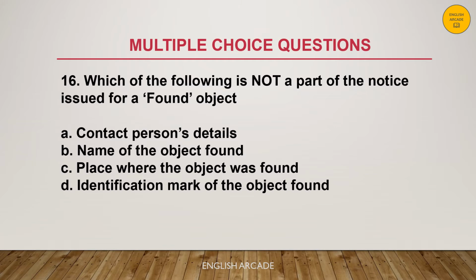Or D. Identification mark of the object found. And the correct answer is D. Identification mark of the object found is generally not given in a found notice because we want the person who comes to claim it to describe the object before it can be handed over to him or her. So the contact person's details are very important. So are the name of the object and the place where it was found. D. Identification mark of the object found is thus the right answer.